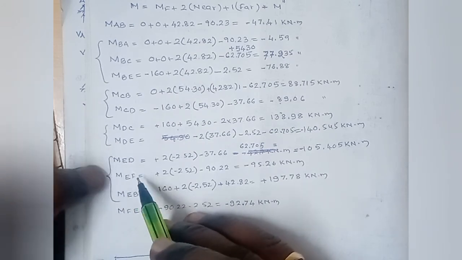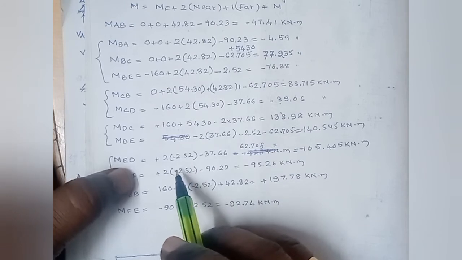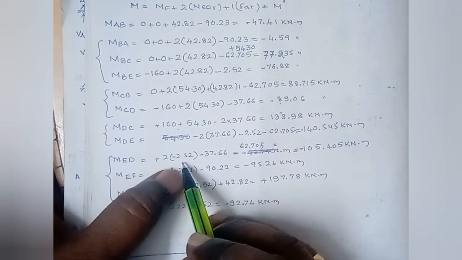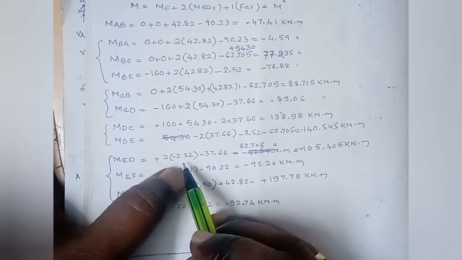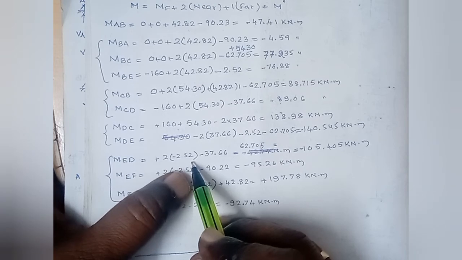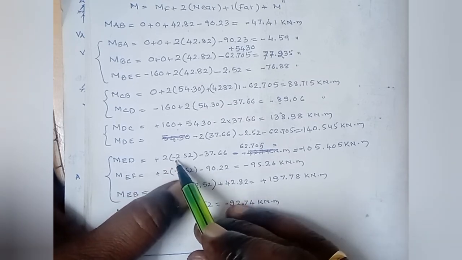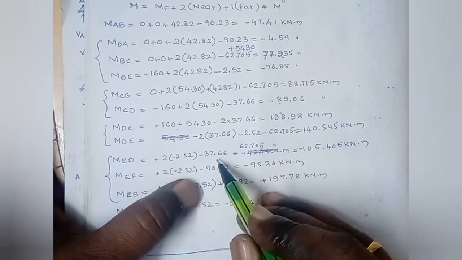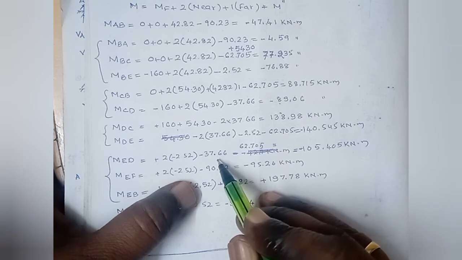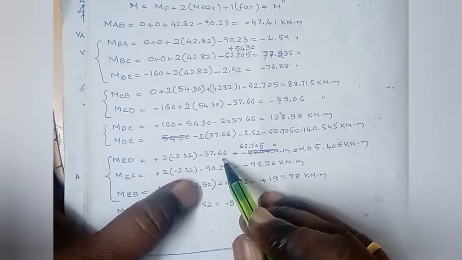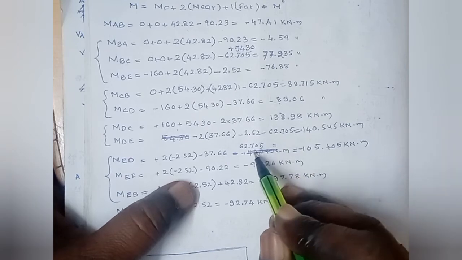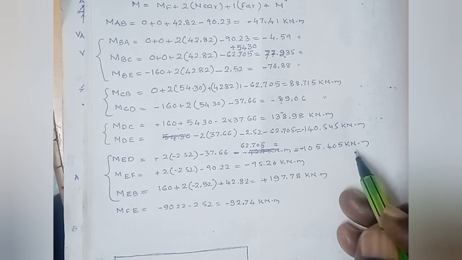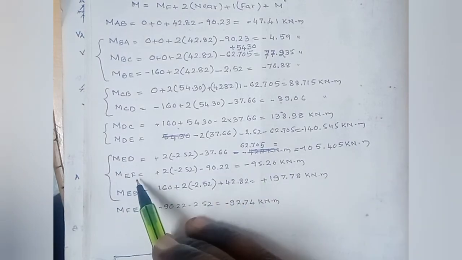Similarly, we can calculate the final moments at joint E. For MED, the vertical member, the fixed end moment is 0, 2 times the near end contribution, that is 2 into minus 2.52, plus 1 times far end contribution, that is minus 37.66 from D. Then the displacement contribution is 62.705, that equals minus 105.405 kilonewton meter.